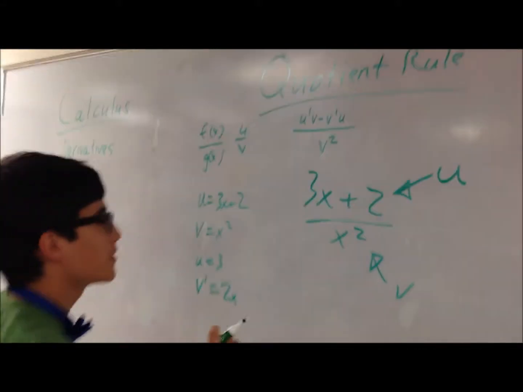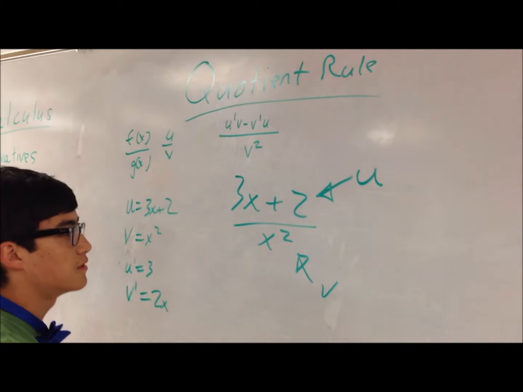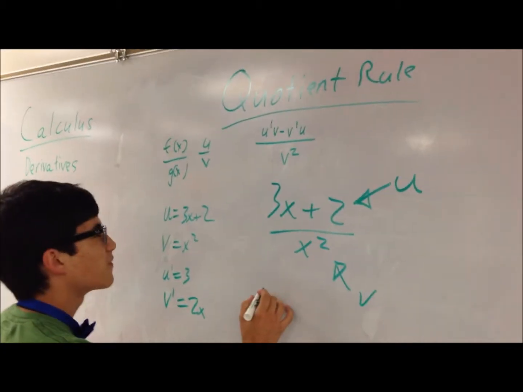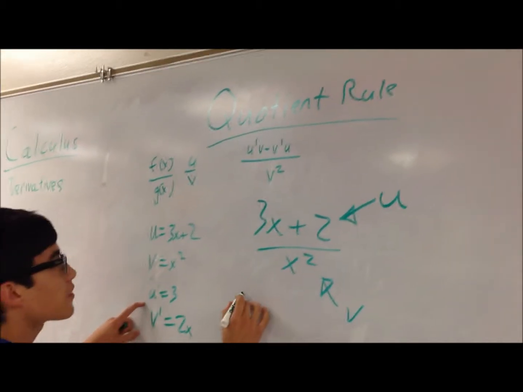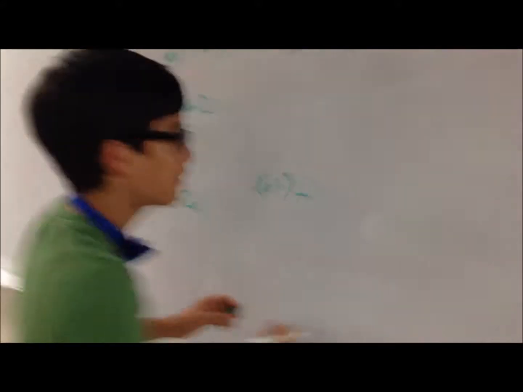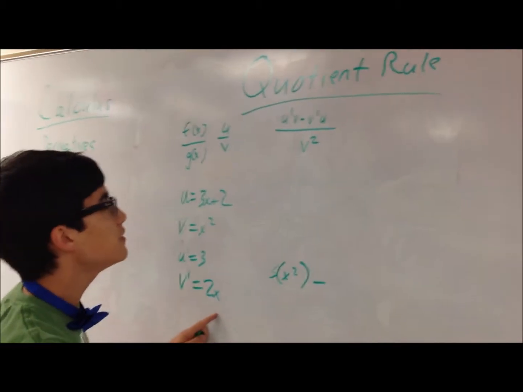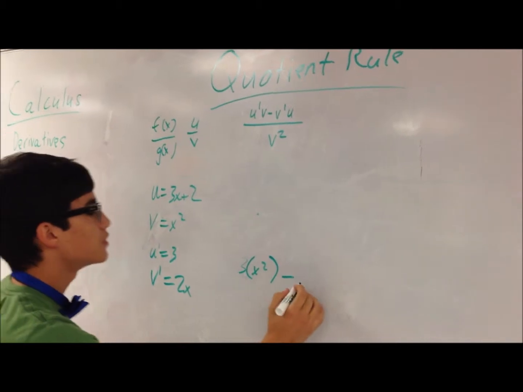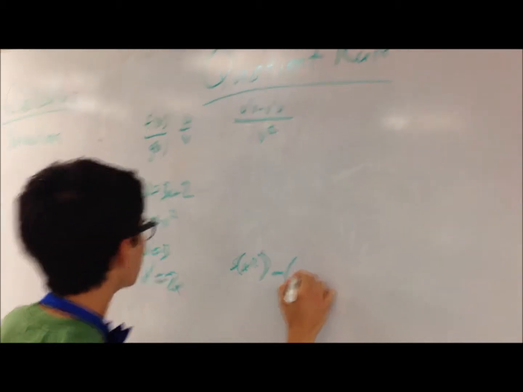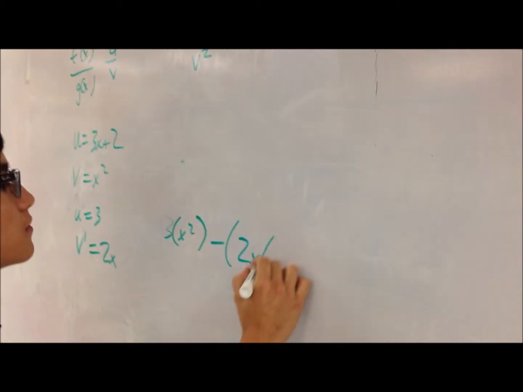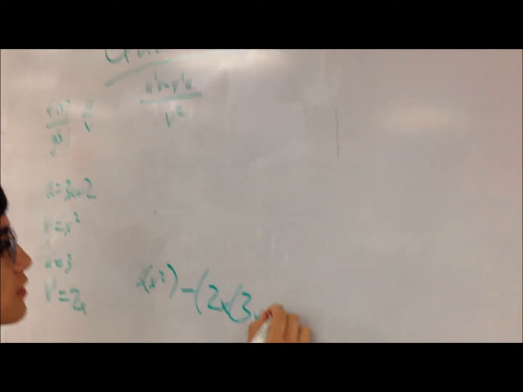Alright, so now we're going to plug this into the equation. So we have u prime, which is here 3, times the v, which is x squared, minus the v prime times the u, which is 2x times 3x plus 2.